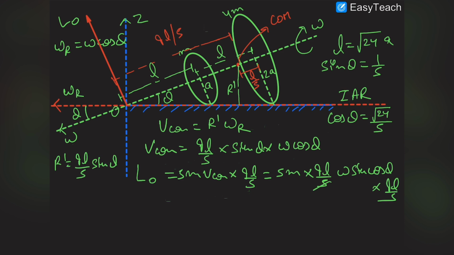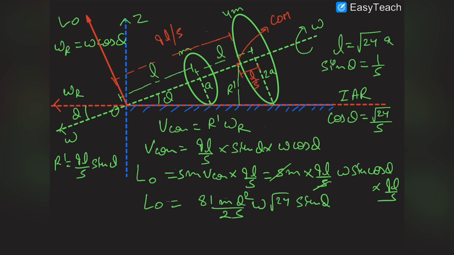So you could see that LO is equal to 81 ml square by 25 omega, and cos theta is root 24 by 5. So I have used that 5 to write it as 25, and sine theta.